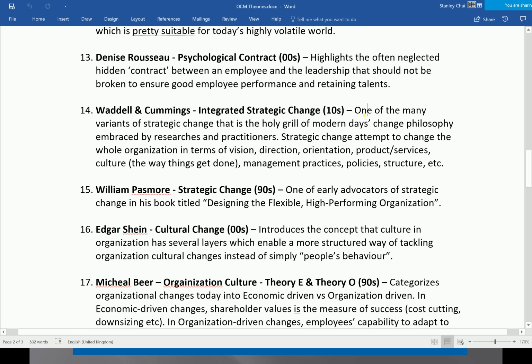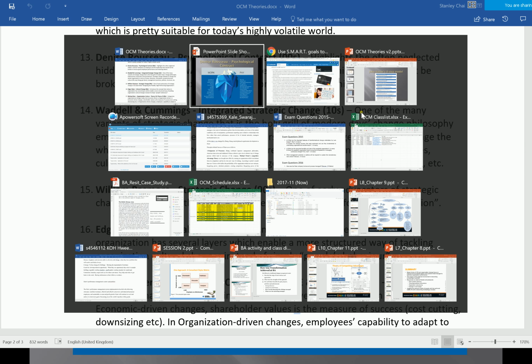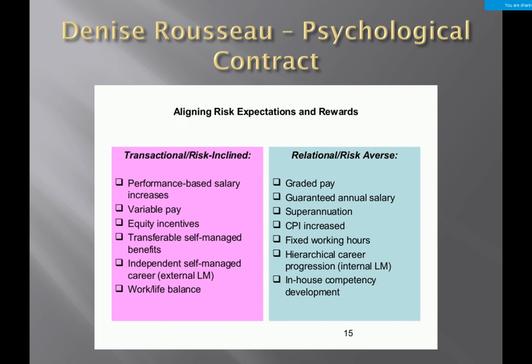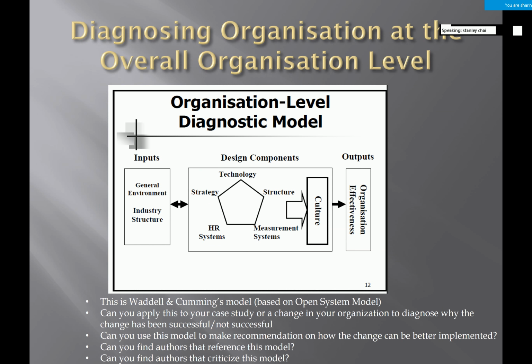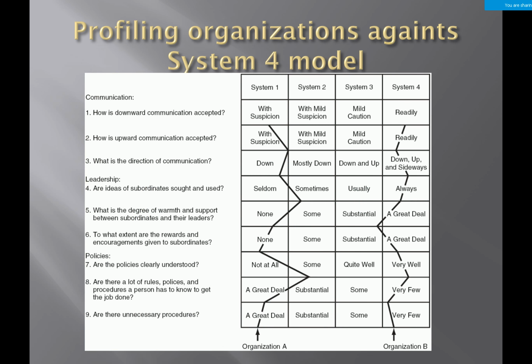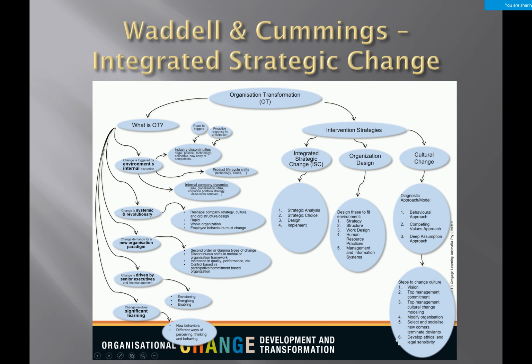Now let's take a look at what we could have covered in terms of this integrated strategic change. Here's how it looks. This should look a little bit familiar to you guys.